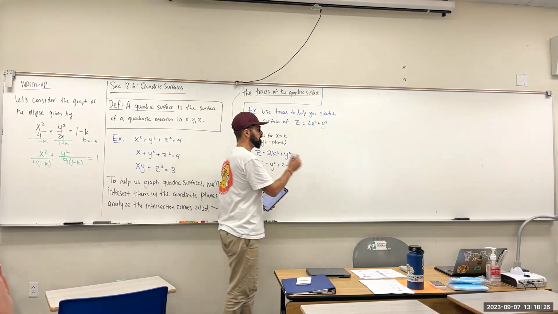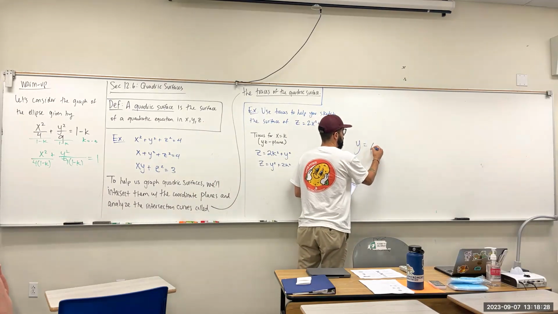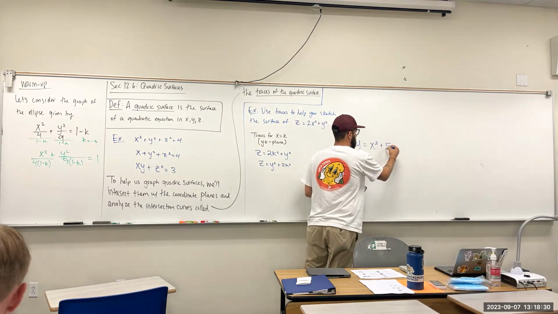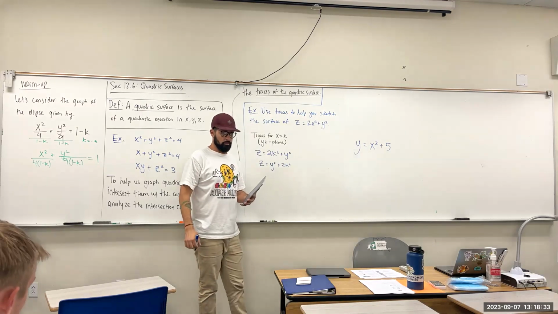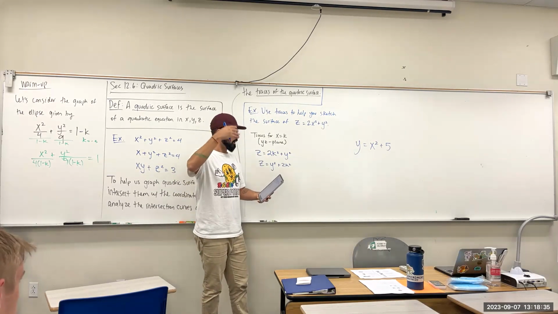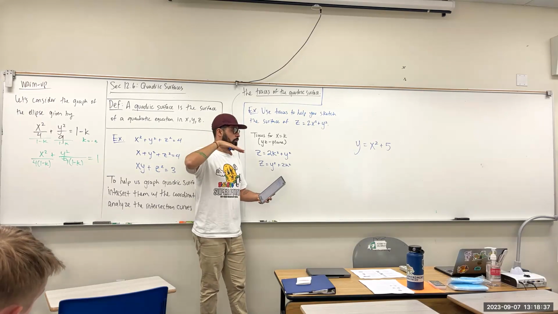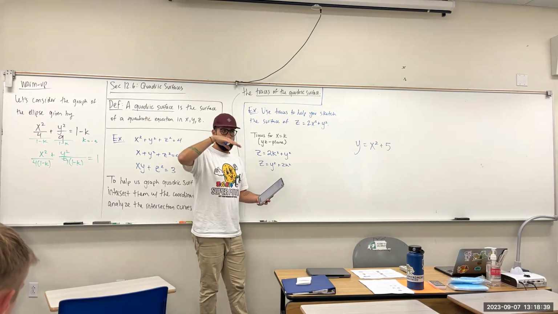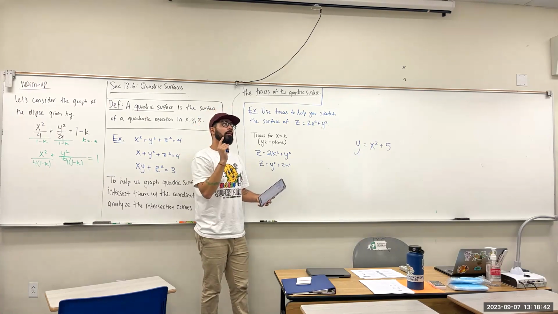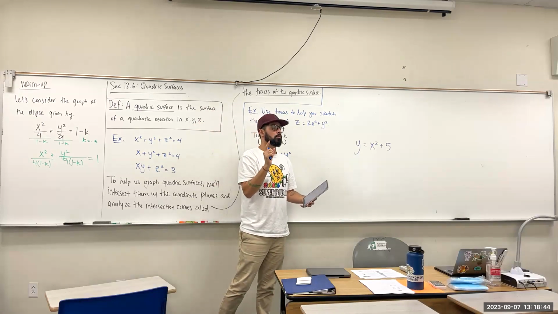Don't write this next part. What did the graph of this look like? Your brain now knows that, right? It's a parabola, but what about it? What does a 5 do? It shifts it by 5. In which direction is the parabola facing? Which axis?